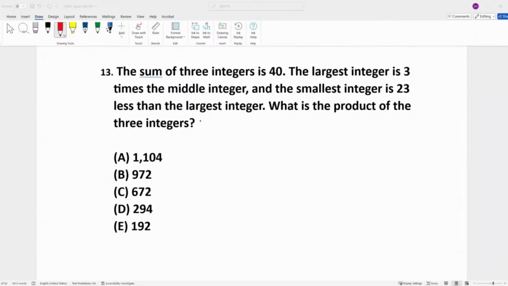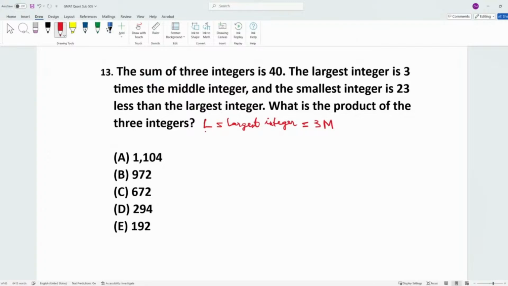Let's start by saying that L is actually equal to the largest integer, which is equal to 3 times m.